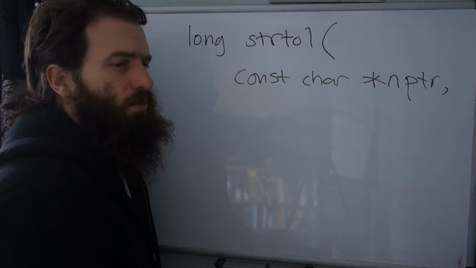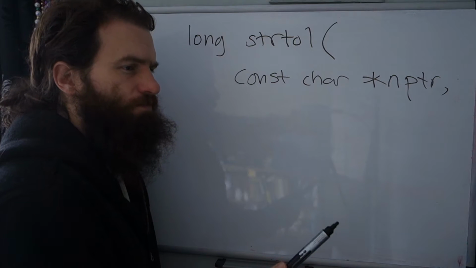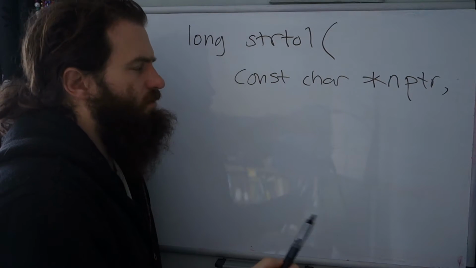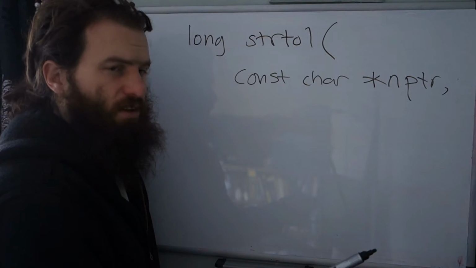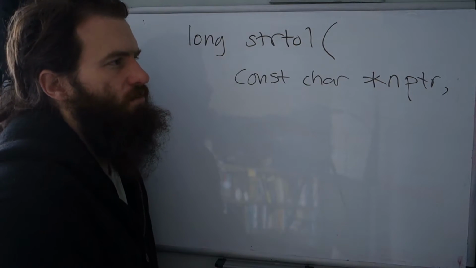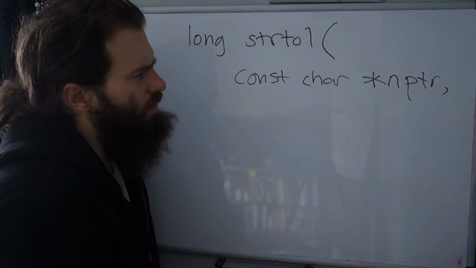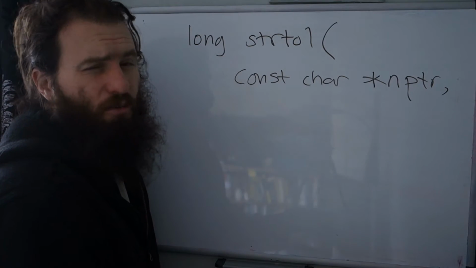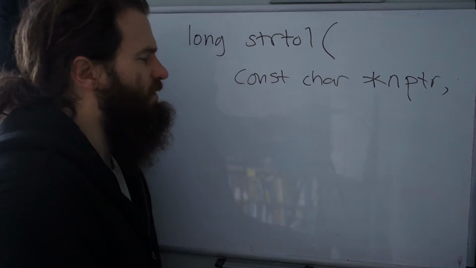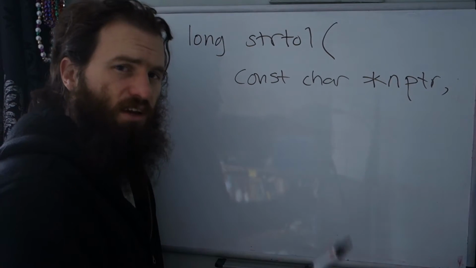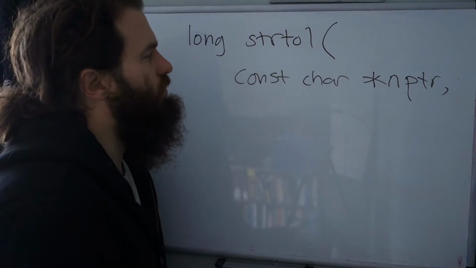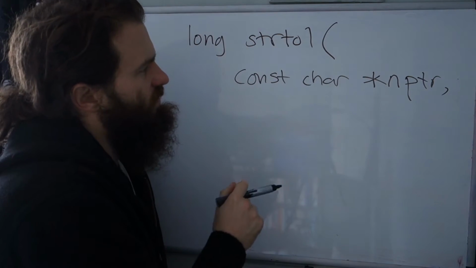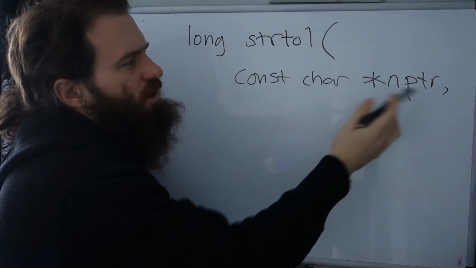Now that's useful because if you see a function that accepts an argument that is const, then you can assume that that function is not going to change its value, although there are ways to override it. So, personally, I don't think const is that useful for that reason, because you can override it. But a lot of people use const. So at a glance, we can say, okay, string to long does not change this pointer.